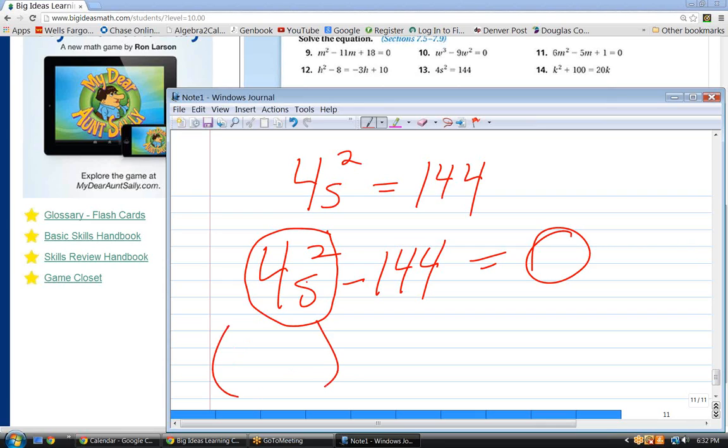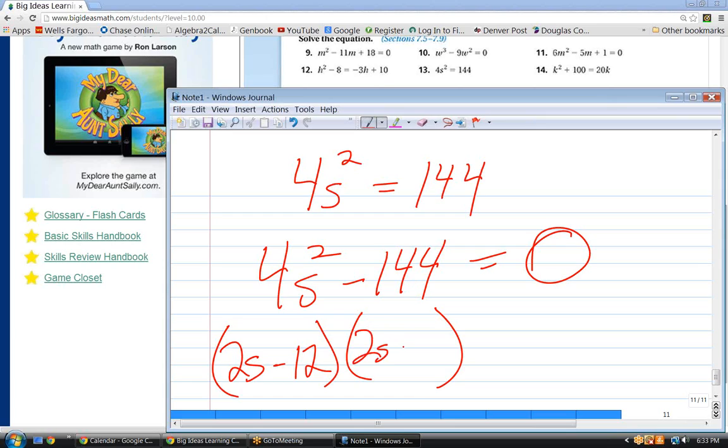What's the square root of this? 4s? Well, 4s times 4s would be 16s squared. Oh, so 2s. What's the square root of 144? 12. So what's the rest of it? Then 2s minus 12, or 2s plus 12, actually.